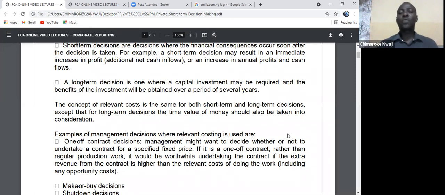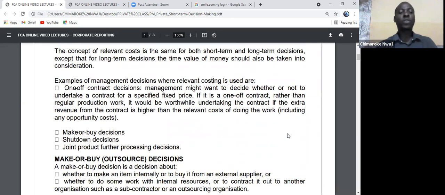If it is a one-off contract rather than regular production work, this contract will be worthwhile if the extra revenue from the contract is higher than the relevant cost of doing the work, which will also include any opportunity costs. So one-off contract decisions are where relevant costing is applied, which we'll see in the course of this lecture. We also have the make or buy decisions.